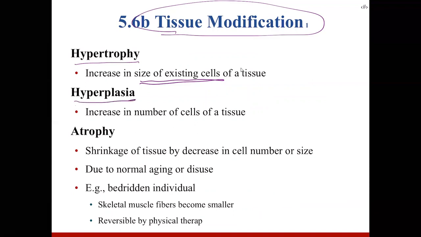Hyperplasia is if you get too many cells. Maybe this is a tumor or a mass, so you get an increase in the number of cells. Atrophy is when they shrink. It could be because of normal aging, or because you're not moving. You can't move.